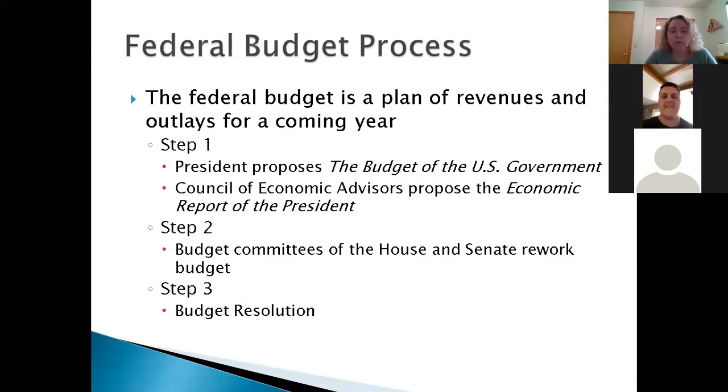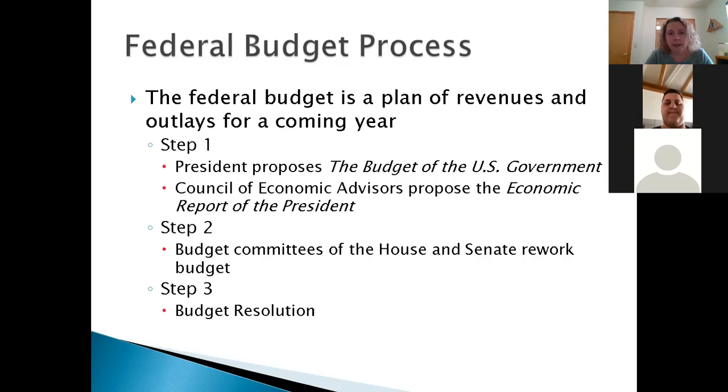So every year, the federal government, the president, the powers that be, members of the Senate, members of the House who are really responsible for state-by-state budgeting, all are a part of this process.